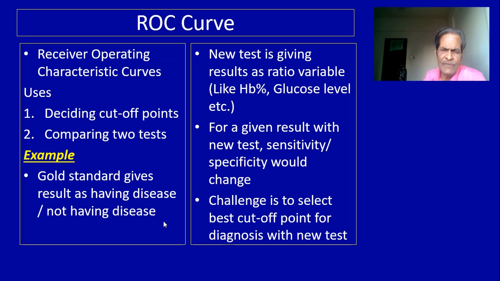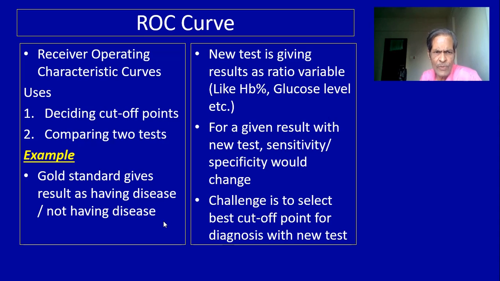As we have said previously, the results of the new test may be in the form of a ratio variable, like hemoglobin or blood sugar level. These are examples of ratio scale variables.